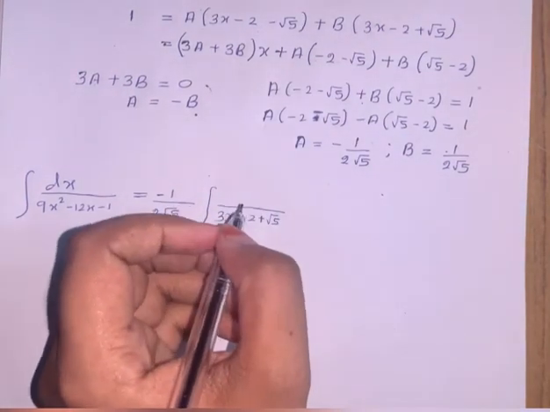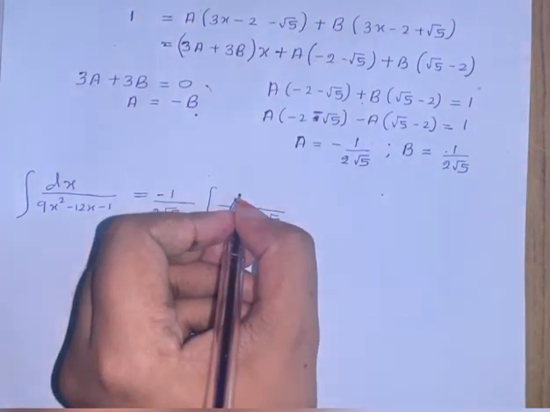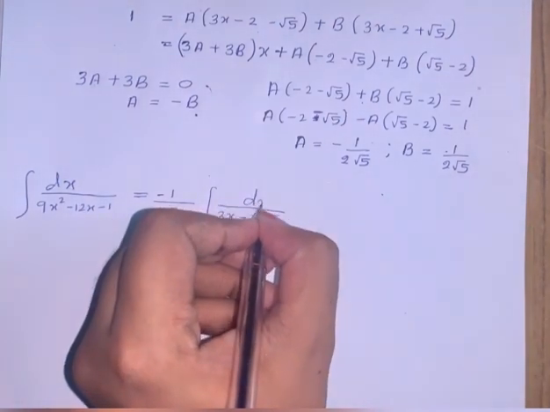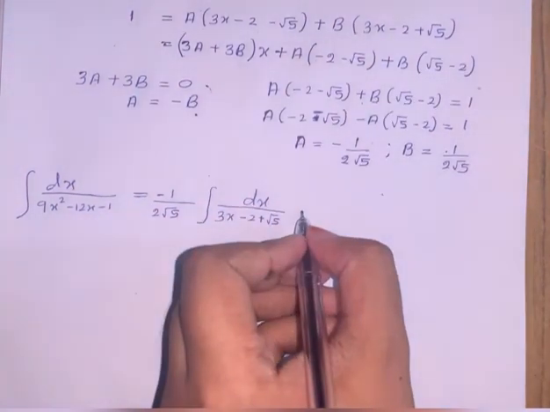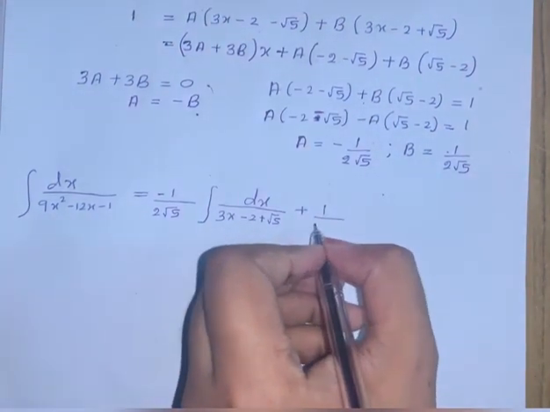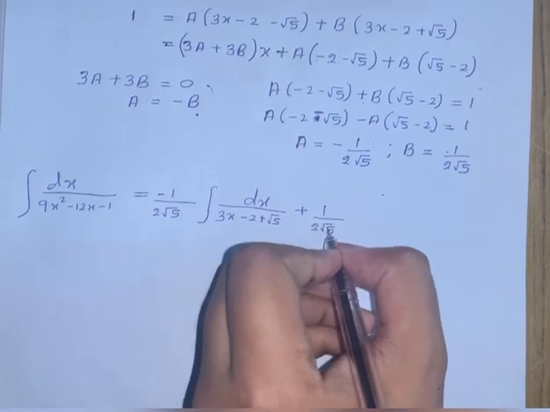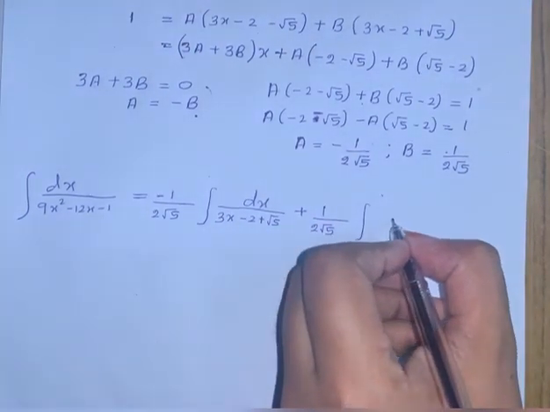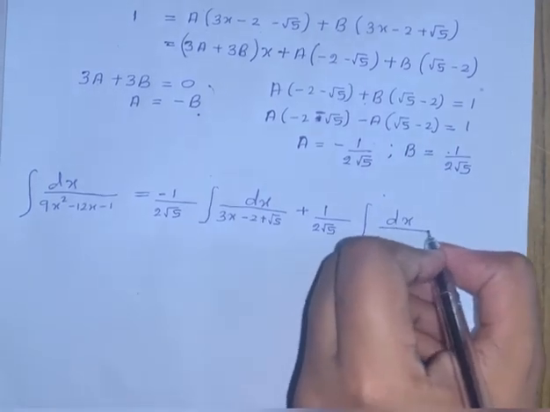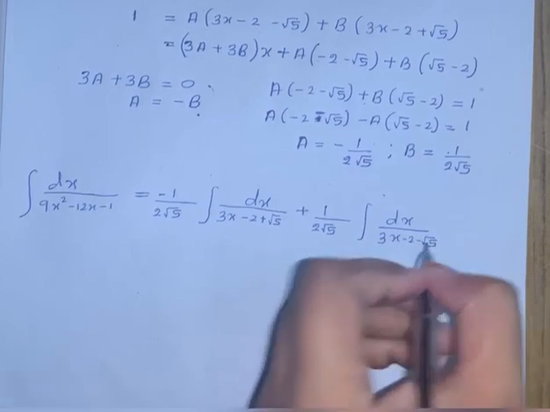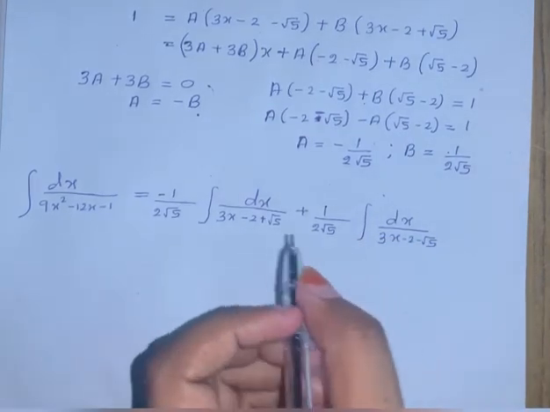Yes, sorry, there's a plus for a, so plus won't be added. So 1, okay, dx, and plus b, so that's also 1 over 2 root 5, and can be written 1 over 3x minus 2 minus root 5.